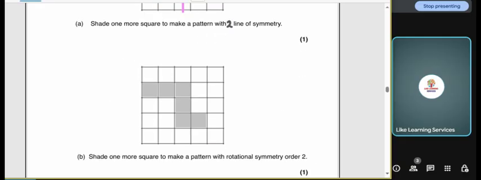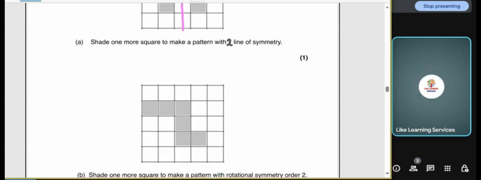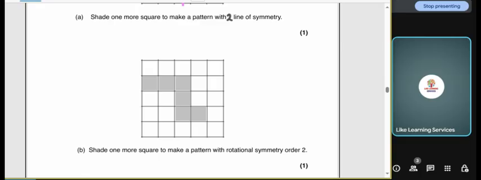How about this one? Shade one more to make a pattern with rotational symmetry of order 2. This wouldn't be difficult.